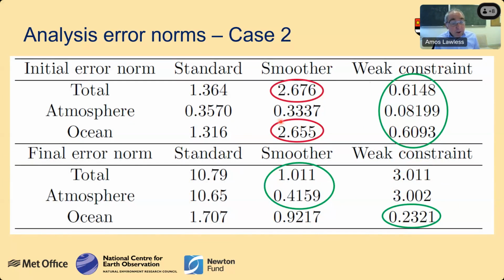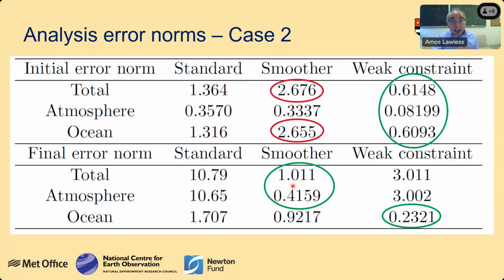The smoother shows a slight degradation, and this is because the smoother, of course, is just using the output from the standard scheme and then doing the smoothing. So if the standard scheme is not performing very well, or if the standard scheme goes completely away from the truth, then the smoother is not enough to get that back.